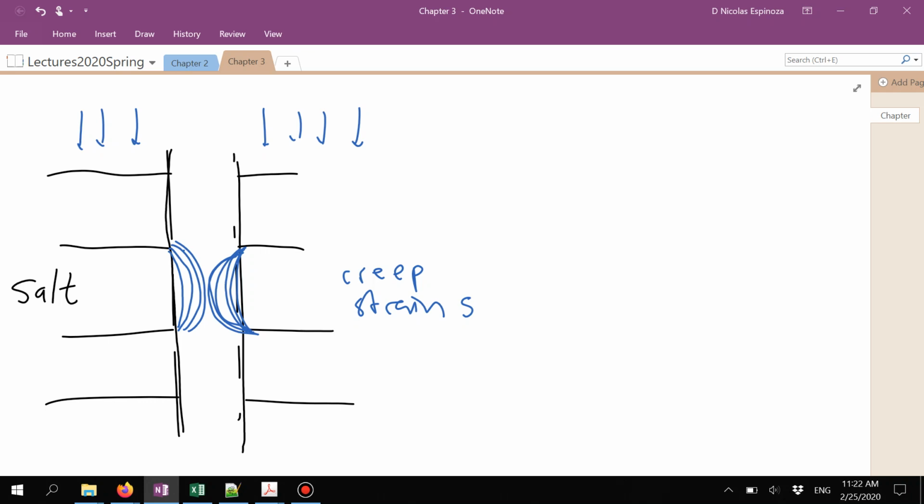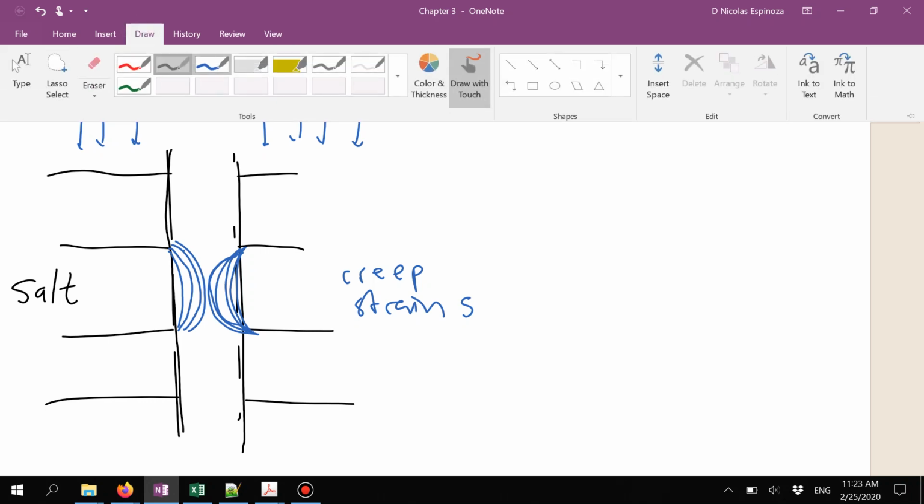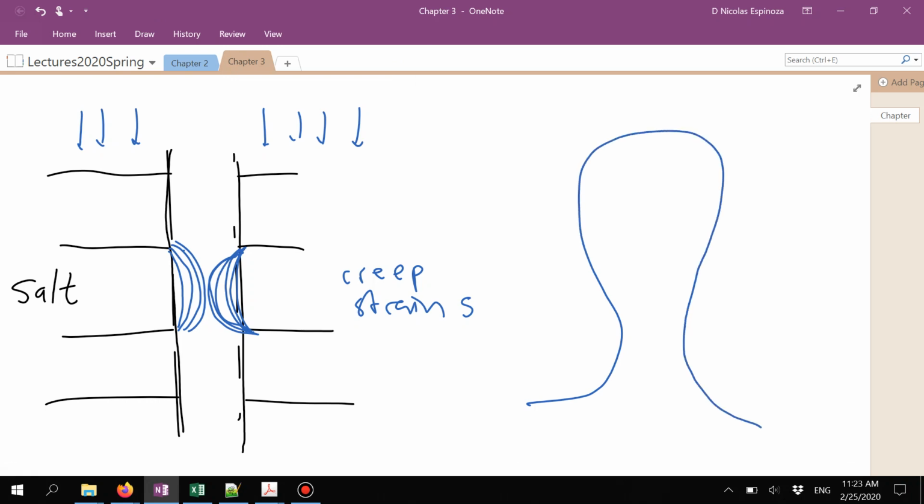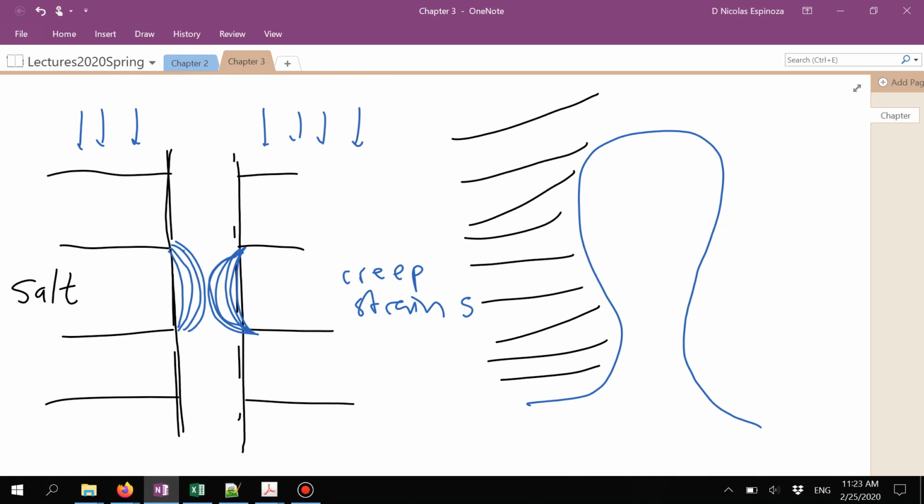One more example about creep is the case of a salt dome. I don't know if you guys are familiar with salt domes, but salt domes are structures that form under the surface in which, let me see if I can get this drawing right.